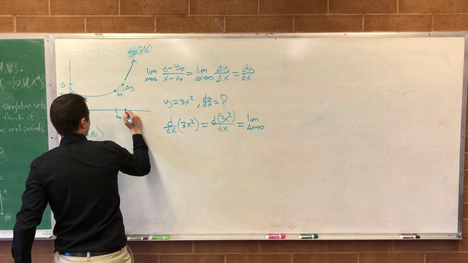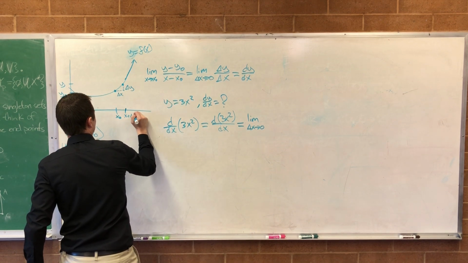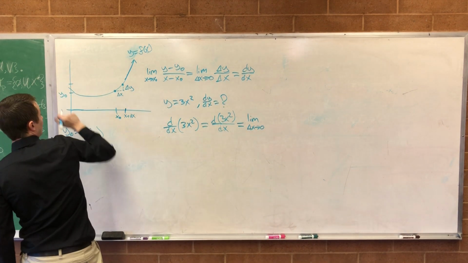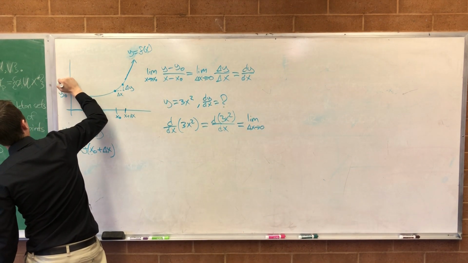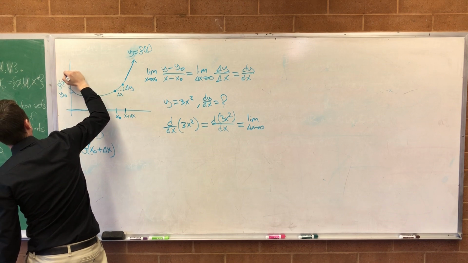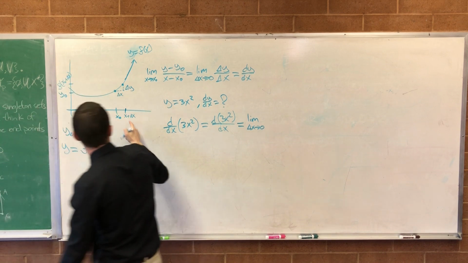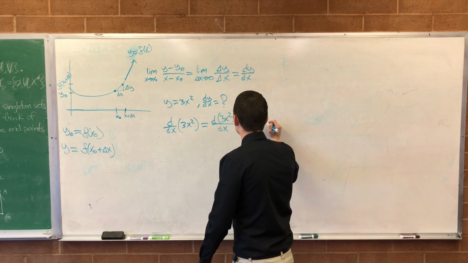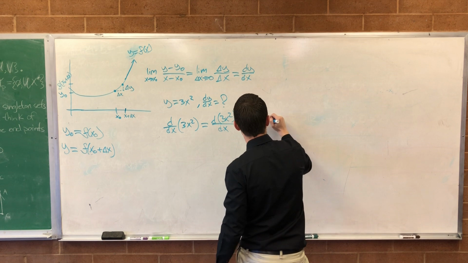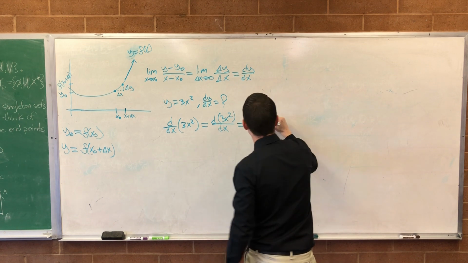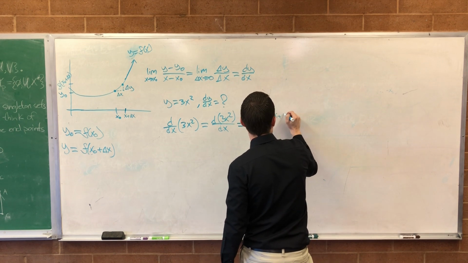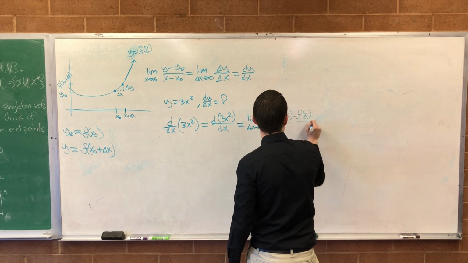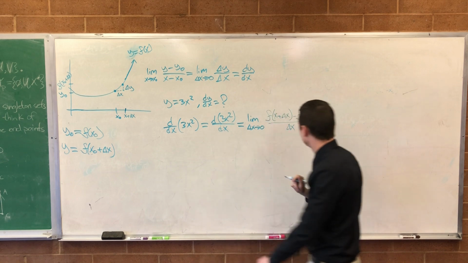Yeah, I should have written it down this way. This is x plus a little bit, delta x. And y at that point is f of x naught plus delta x. That is the y associated with it. Okay, follow that? Yeah. Okay, so now this is equal to the limit as delta x approaches 0 of f of x plus a little bit minus f of x all over delta x.